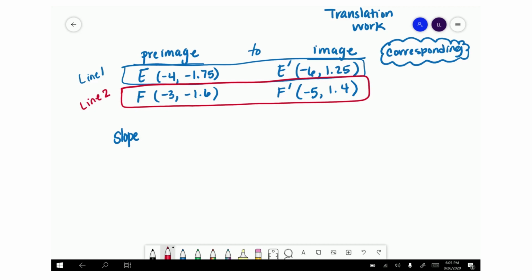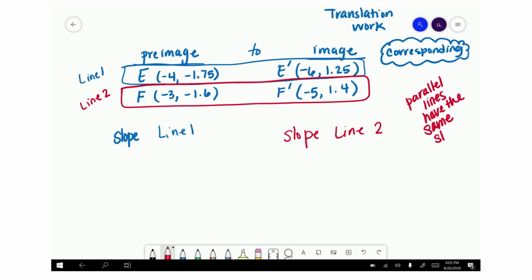We're going to find the slope of both lines, the slope of line 1 and the slope of line 2. Parallel lines have the same slope, so if they have the same slope, then the lines are parallel.